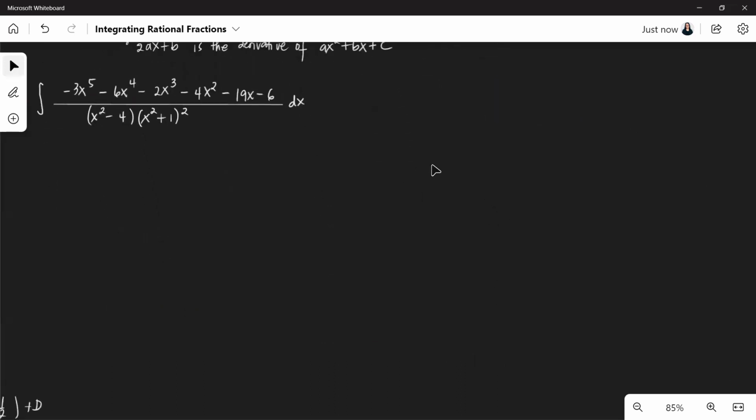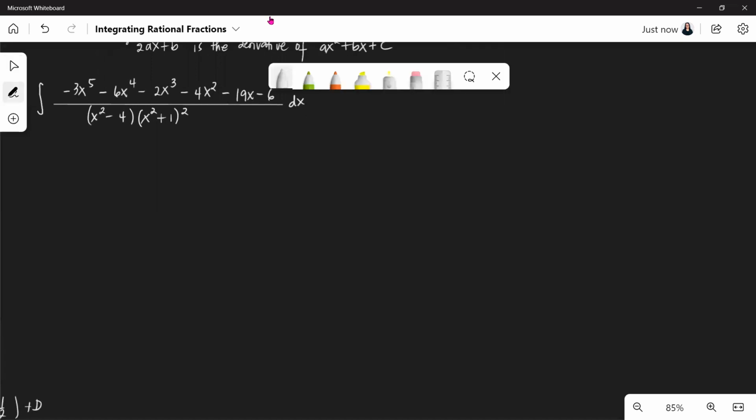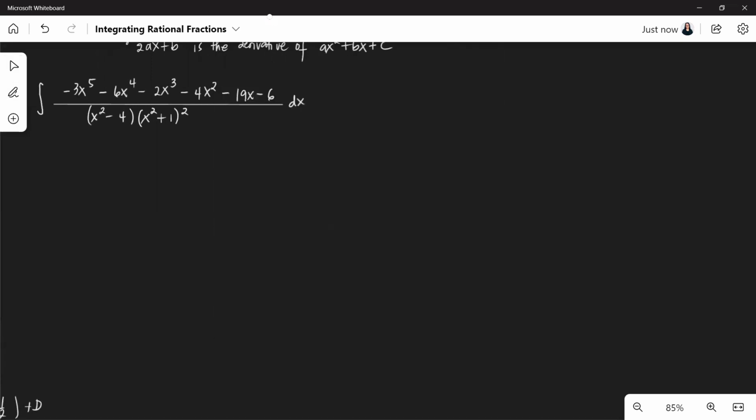So we have the first partial fraction, okay, it's A over x minus 2, followed by the second partial fraction with the second factor of x squared minus 4, which is x plus 2.